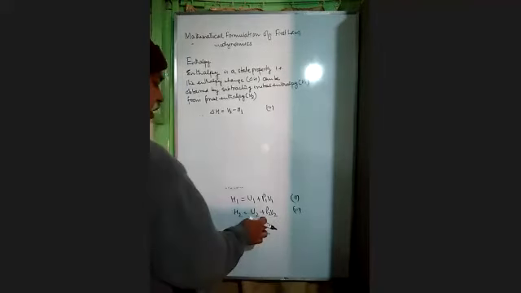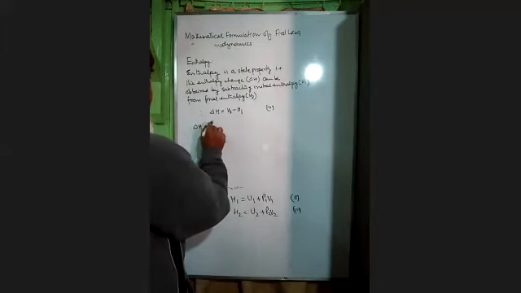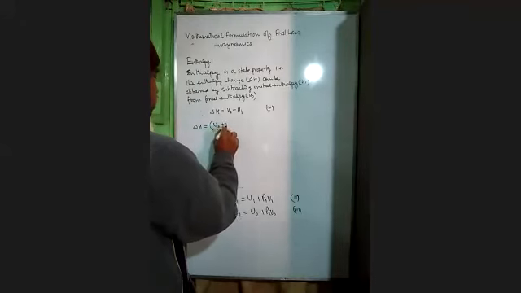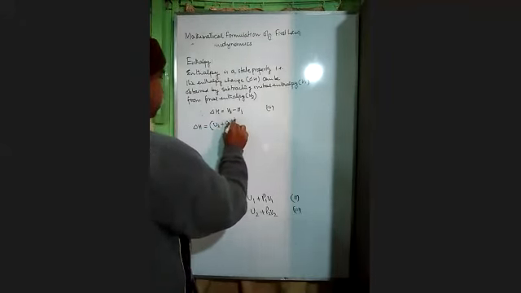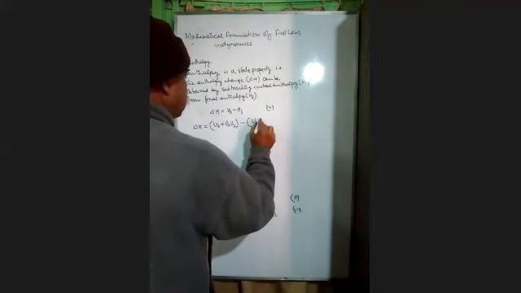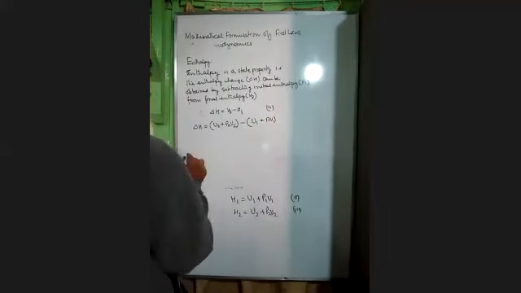So I'll substitute these values. Right now here delta H is equal to U2 plus P2 V2 minus U1 plus P1 V1.